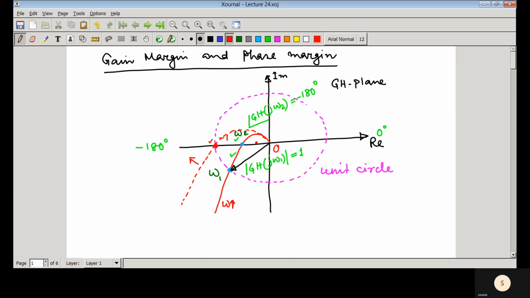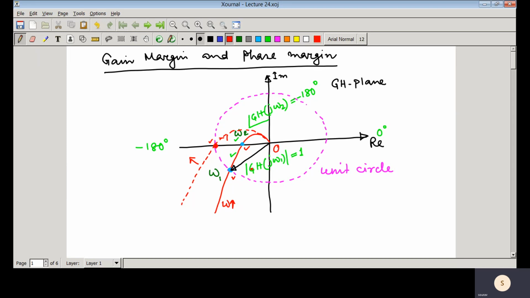So these 2 points, that means at omega equal to omega 2, this is that point, at omega equal to omega 1, this is another point. So these 2 points actually would tell us how far this Nyquist plot is from that critical point.